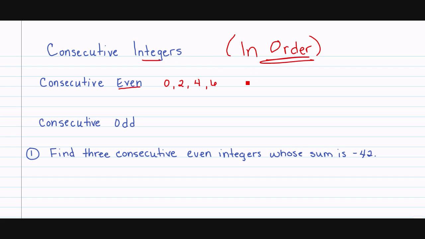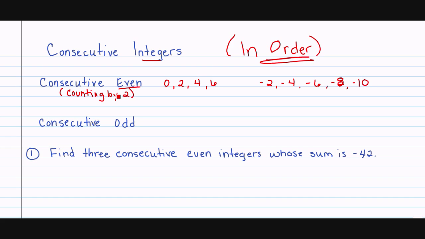Because they're integers, we can also include -2, -4, -6, -8, -10. Okay, so consecutive even integers, I'm doing what? I'm counting by 2. Very good.